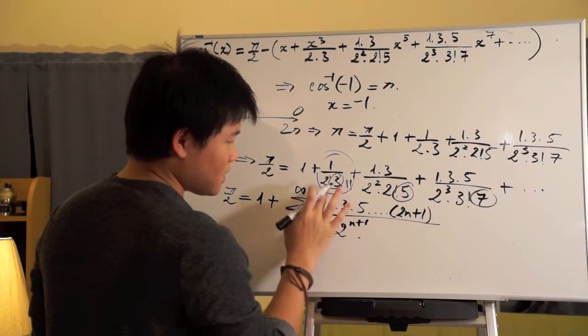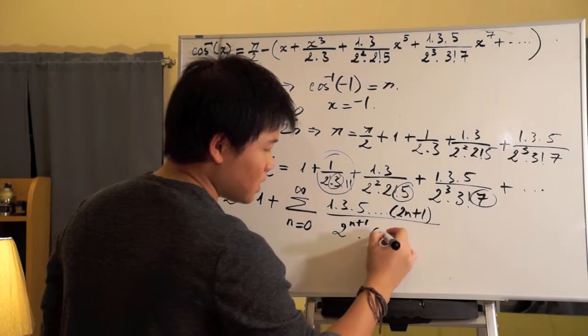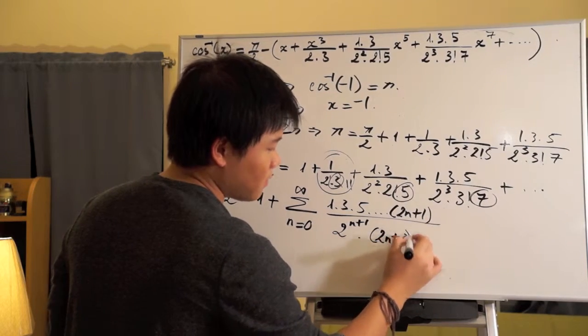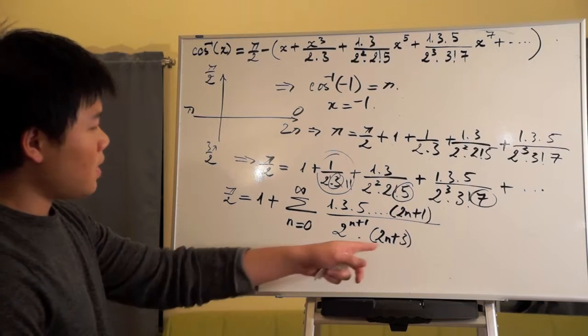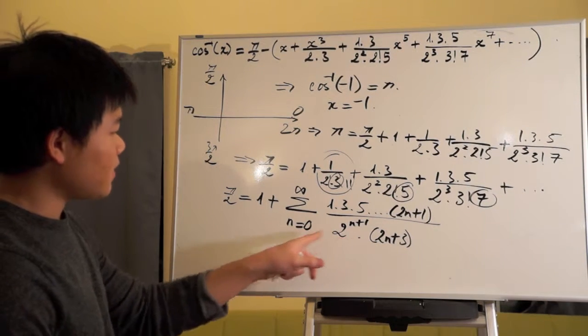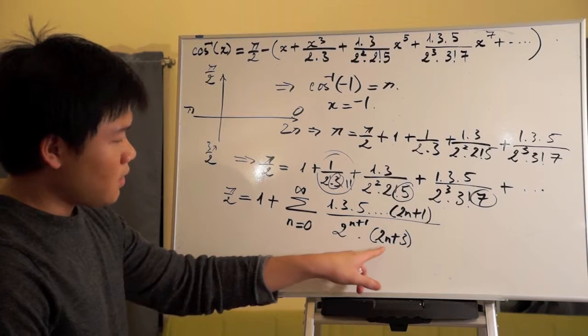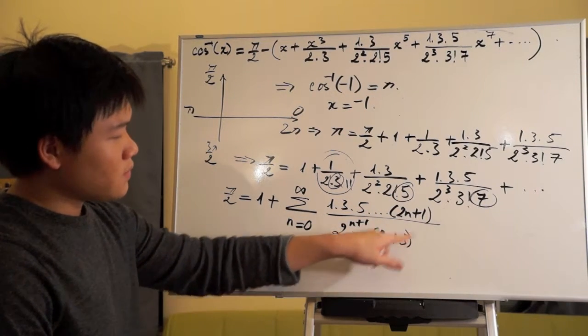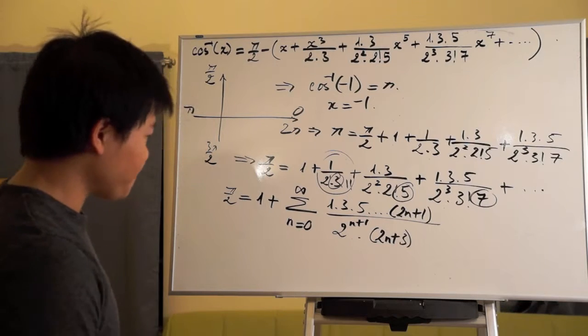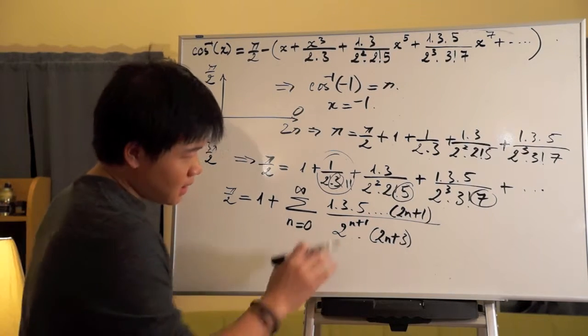You start at 3, so we're going to have 2n plus 3. Now let's see if we're consistent. Start at 1, that's 5, right? So 2 times 2 is 4 plus 3, that's 7. Okay, so that works.